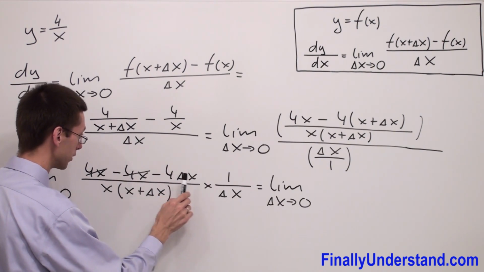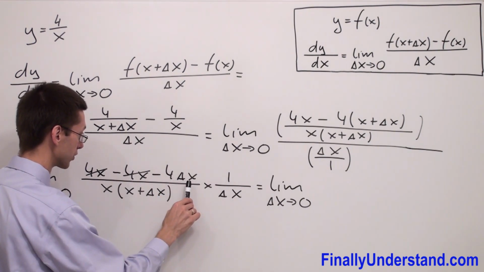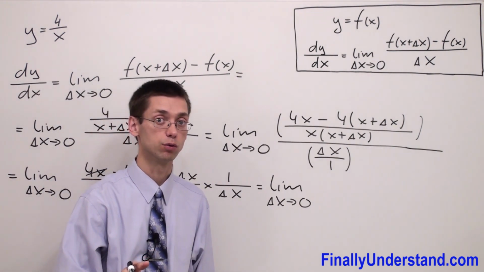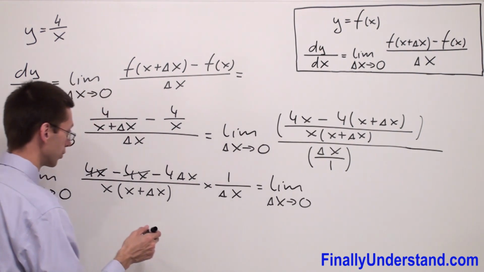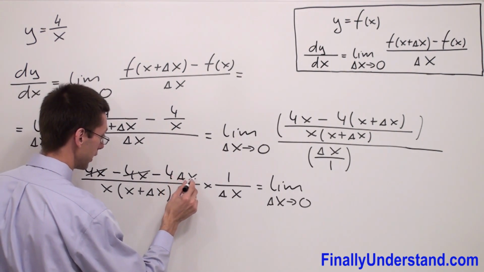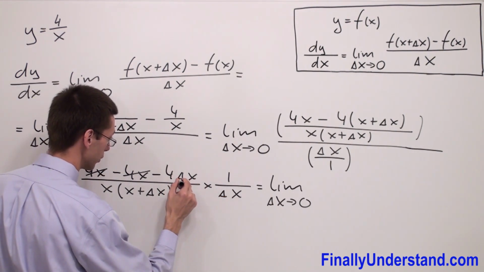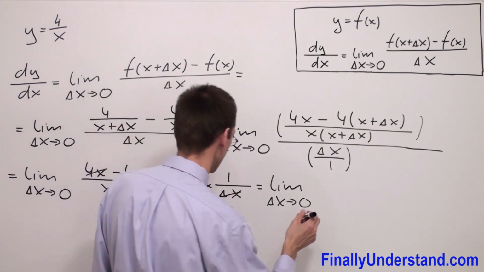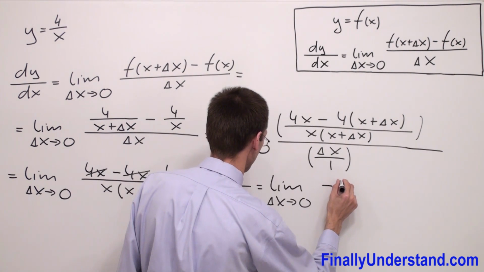Please notice that we have multiplication of two fractions. Anytime you multiply fractions, you're supposed to eliminate any denominator with any numerator. So this delta x and this delta x will cancel out.